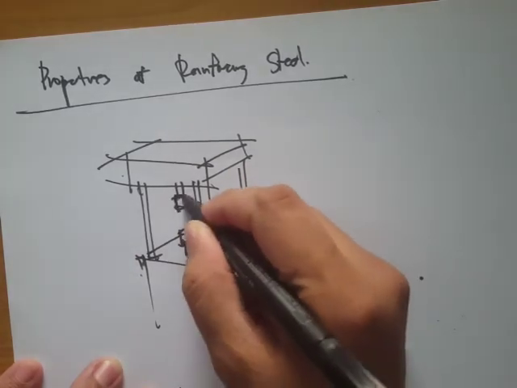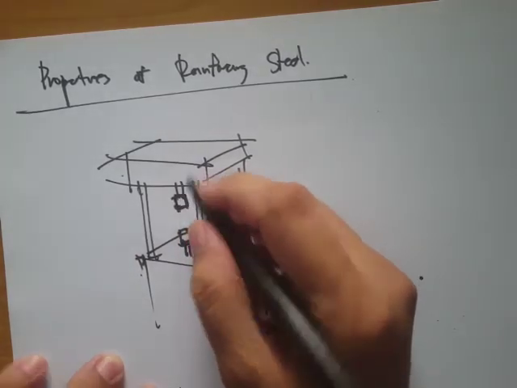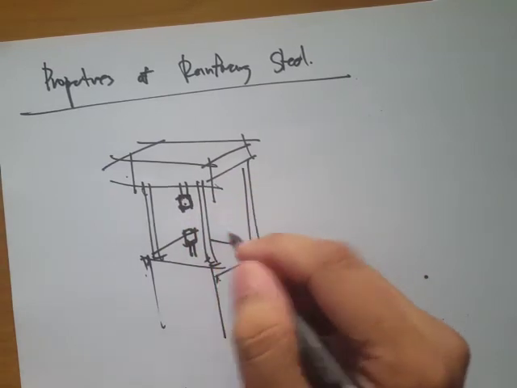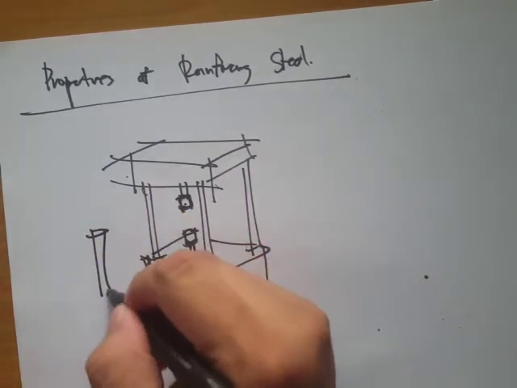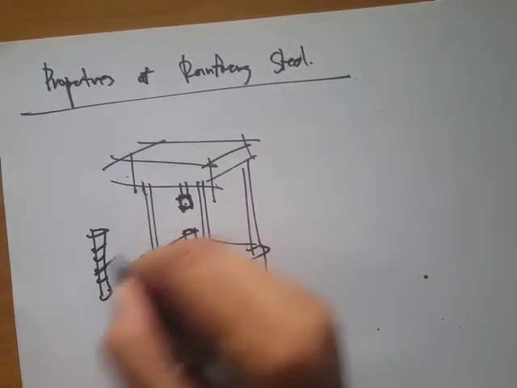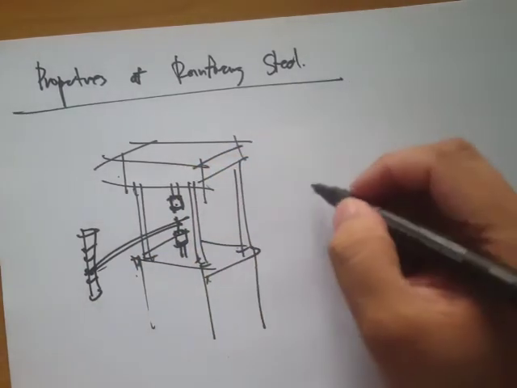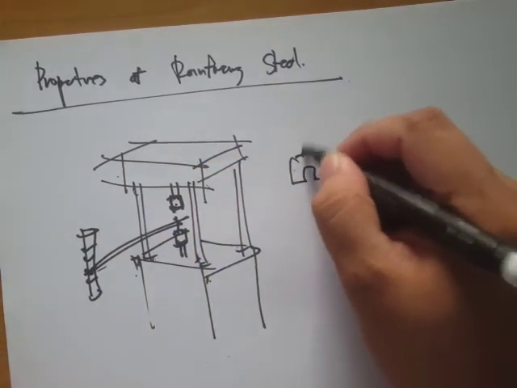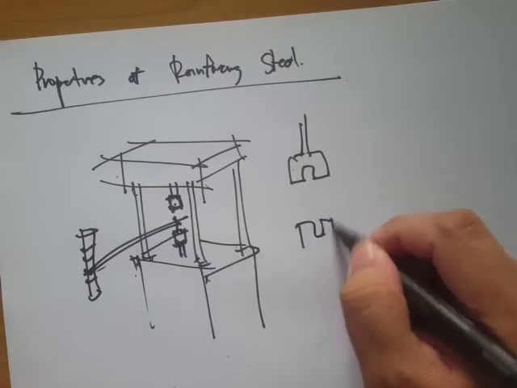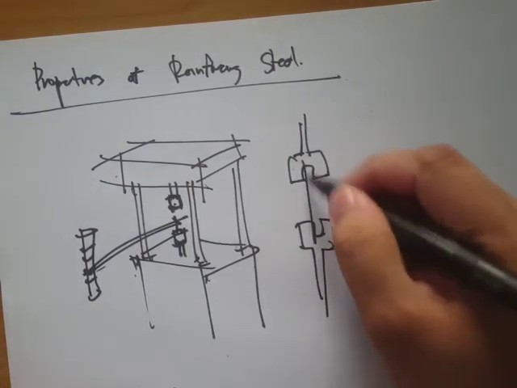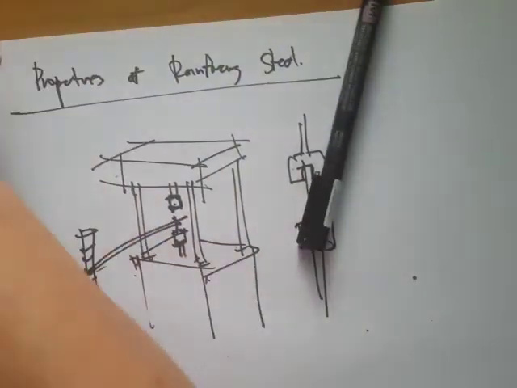So you have something like a jaw or a grip, and then you have your rebar. So something like this, you grip it and then you pull it apart.